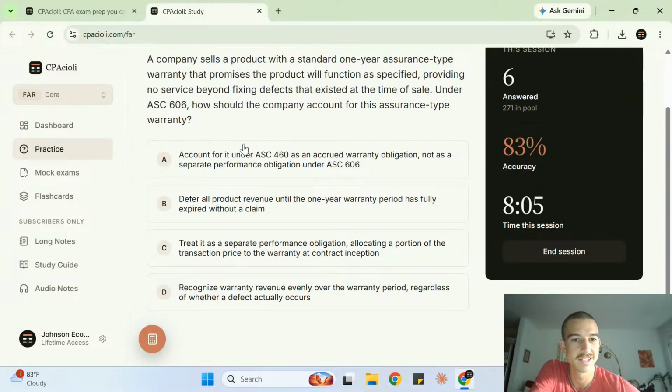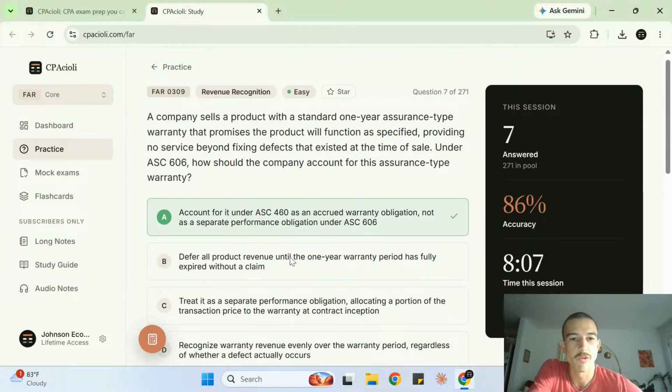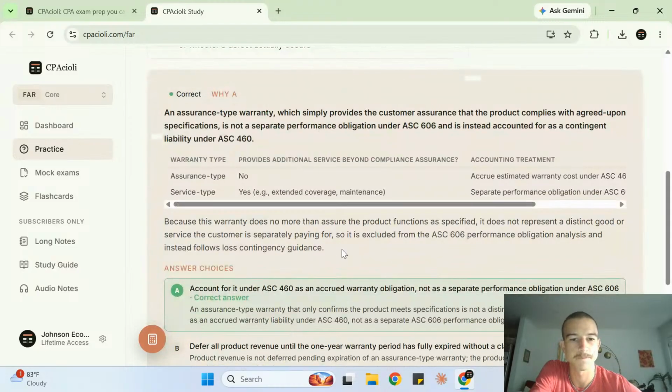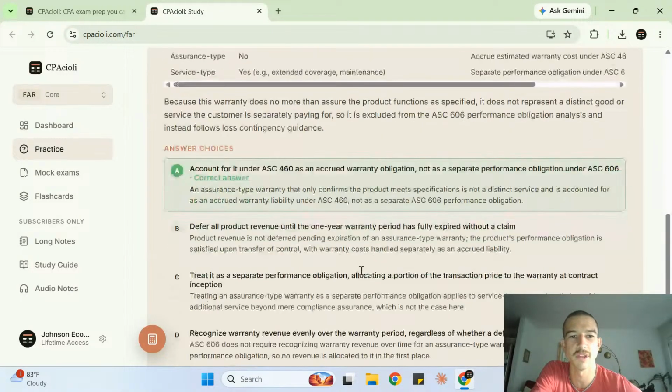Assuming A. Yes, account for it under ASC 460 as an accrued warranty obligation, not as a separate performance obligation under ASC 606. An assurance type warranty, which simply provides the customer assurance that the product complies with agreed upon specifications, is not a separate performance obligation and is instead accounted for as a contingent liability.